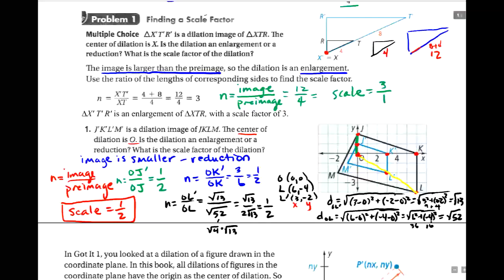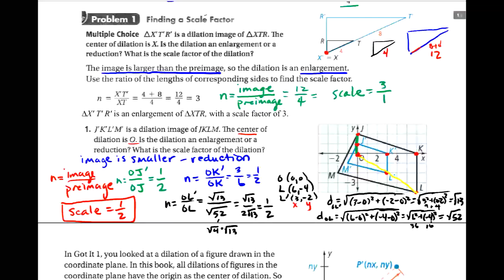And find the scale factor. Your image is smaller, the pre-image is bigger, so it's a reduction.